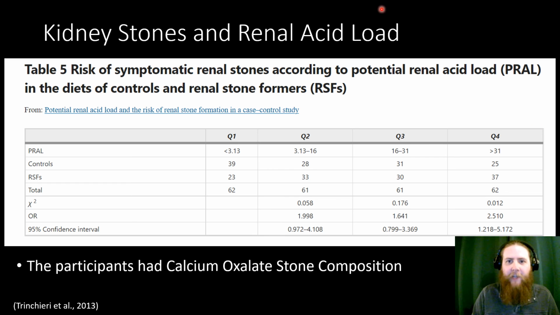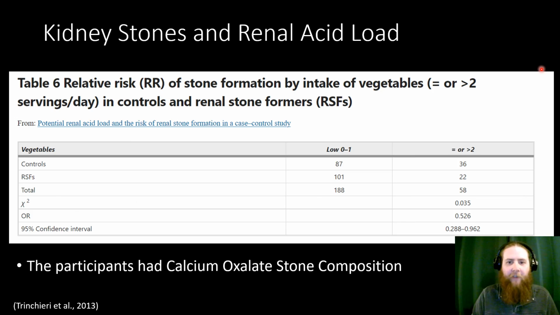Now, interestingly enough, the participants who had more vegetables, which have a lower PRAL, are shown in the second table here, the relative risk of stone formation by intake of vegetables in controls and renal stone formers.